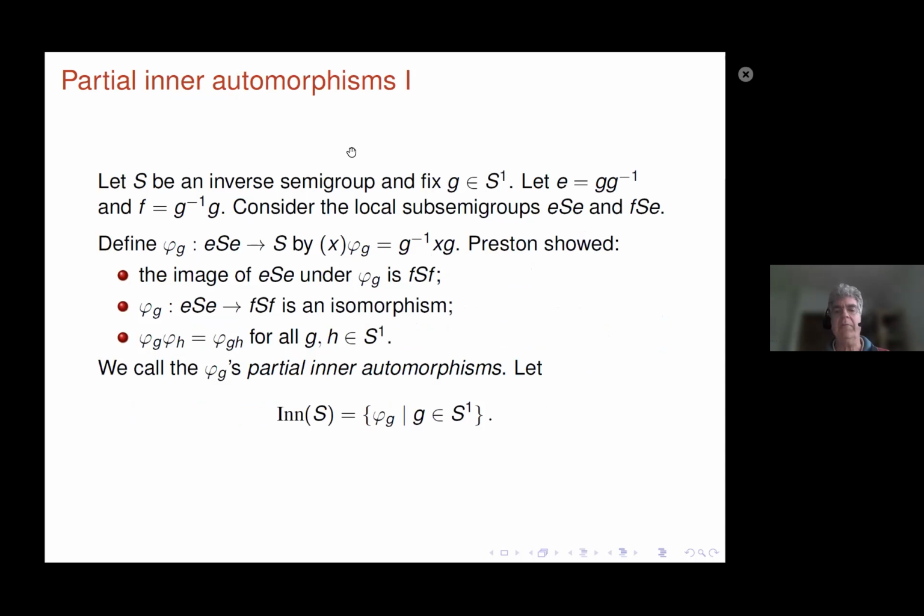What is the answer? Okay, so it goes like this. Suppose we have an inverse semigroup, and fix an element g in S^1.